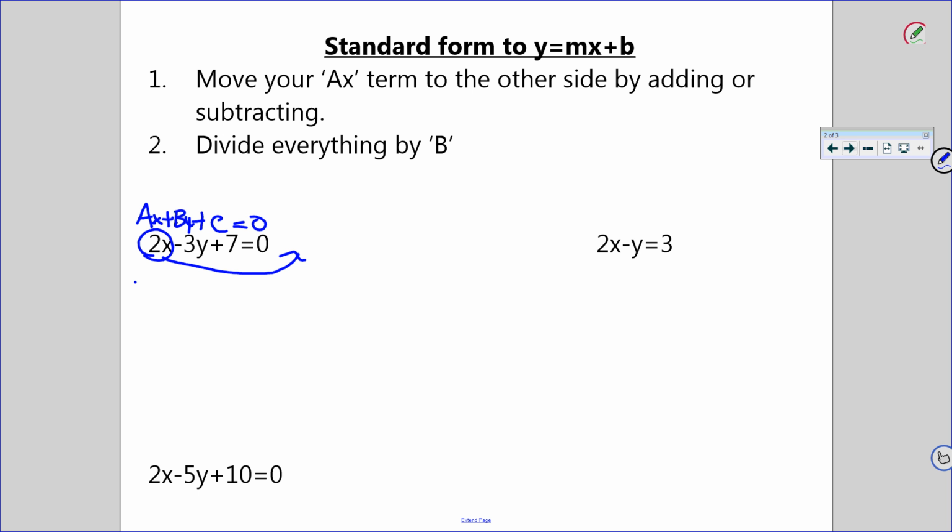So it's going to become -3y equals -2x because it's the opposite. Now here we also have another term that we have to move over. I'm going to be taking this +7 and I'm also going to move it over. So that becomes -7. So that's our first step here. Move your ax term to the other side by adding or subtracting.